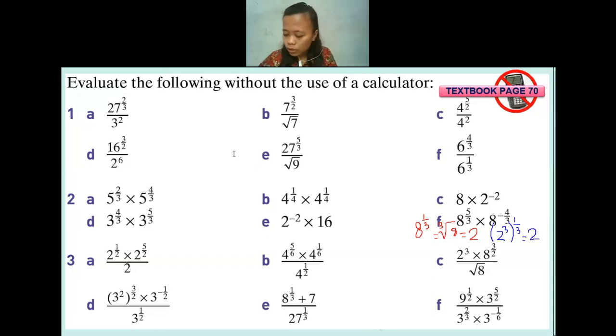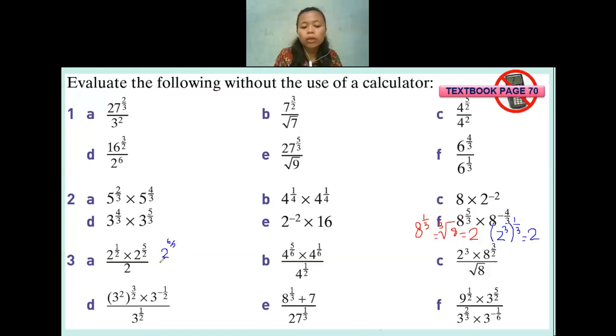For the question 3, we have some numbers and we can simplify it using the index law that we have learned. Multiplication: when it is a multiplication, we can add the index. So 1/2 plus 5/2, the answer will be 6/2.